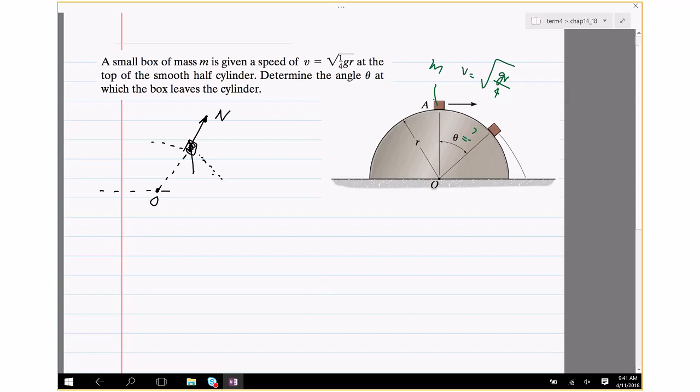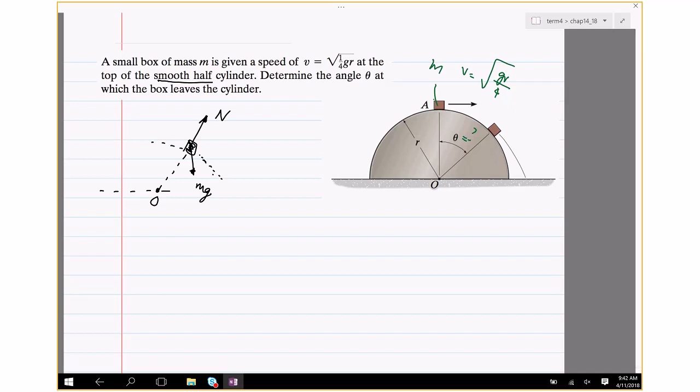So I'm going to put gravitational forces. Are there any other forces? It's a smooth half cylinder, which means there are no friction forces. So I think that's about it.